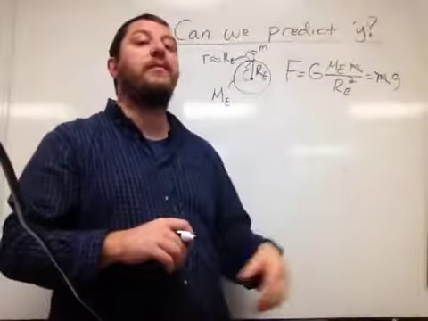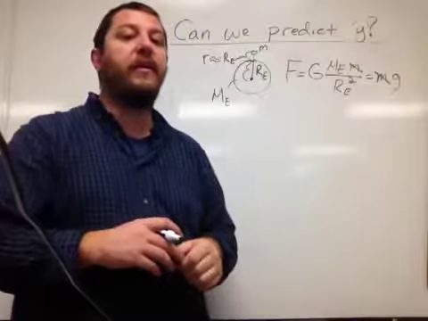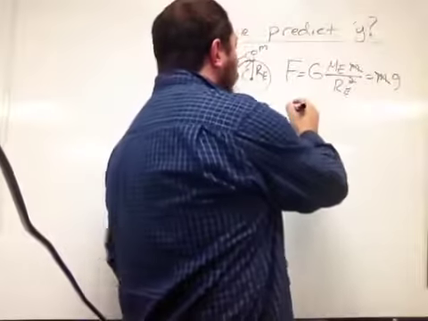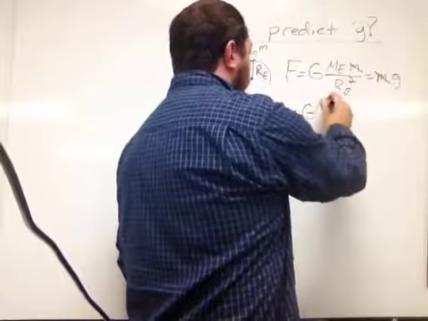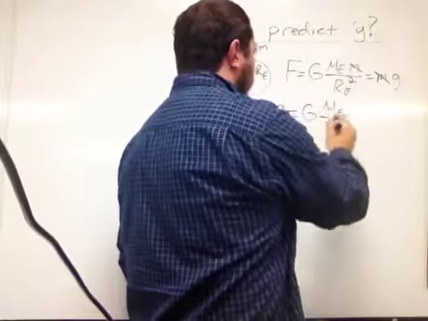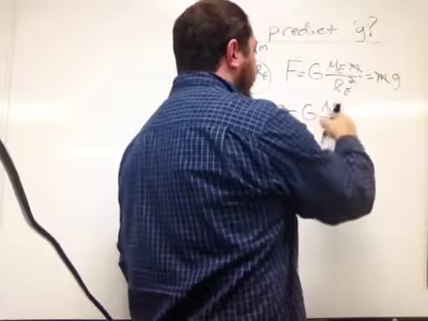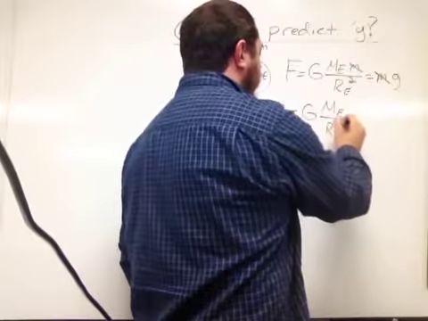And this actually holds up to a few kilometers above the Earth's surface. So little g is equal to big G times the mass of the Earth divided by the radius of the Earth squared.